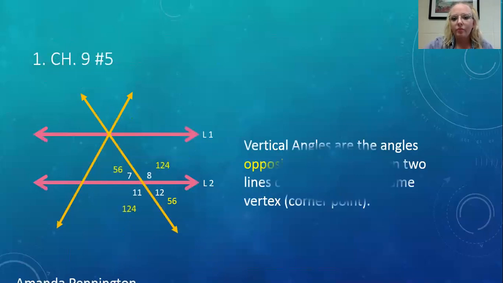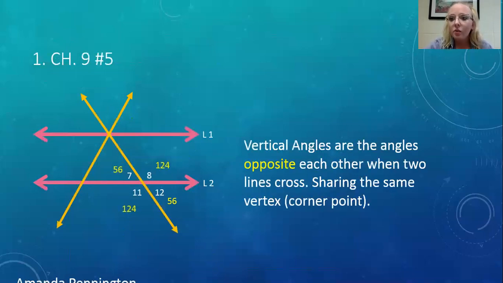But look right here, 7 and 12, they are called vertical angles, which means that they're on the opposite side of each other, meaning that they're going to be the same degree amount. So when we solved for angle 8, which was 124, we got this.